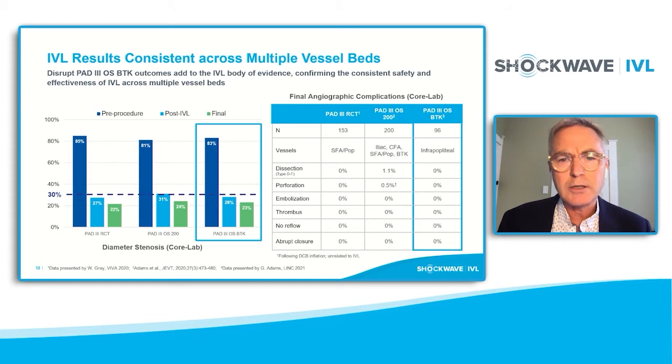The other thing you'll see is we've seen an excellent safety profile, so that not only in the randomized controlled trial did we see a complete absence of dissection or perforation. In the Bologna trial, we also see an absence of these complications, but also distal embolization, which is very pleasing.